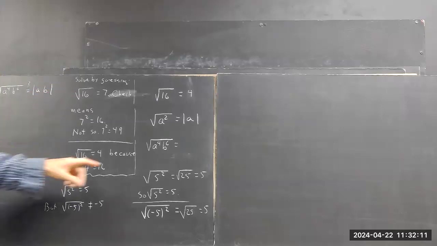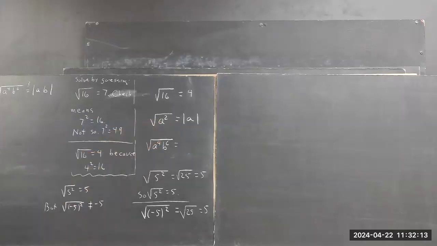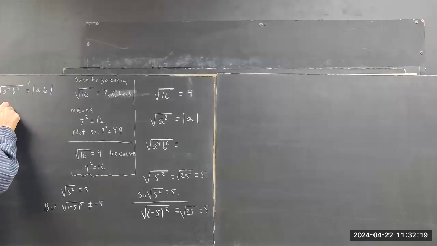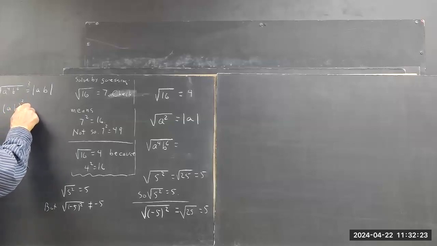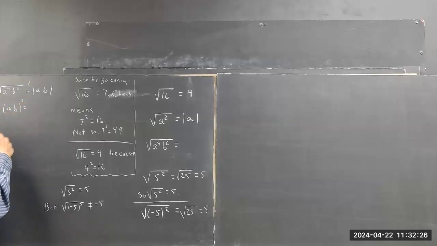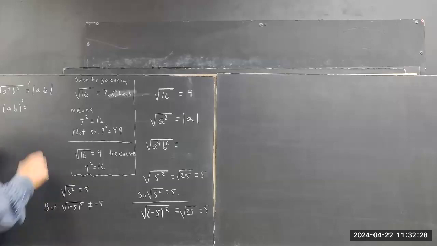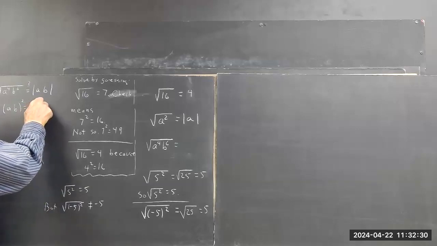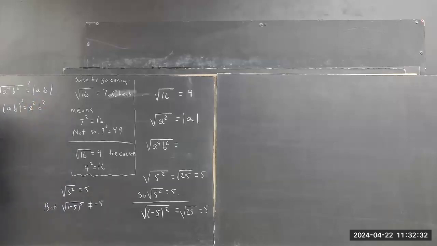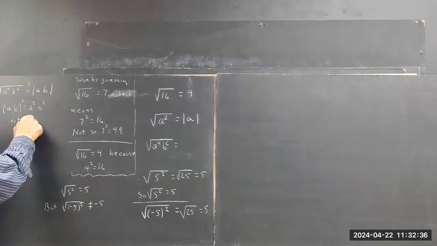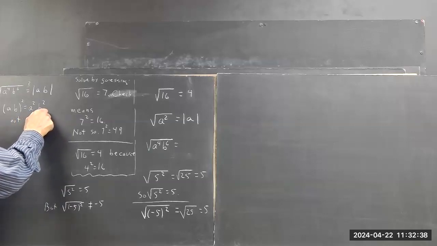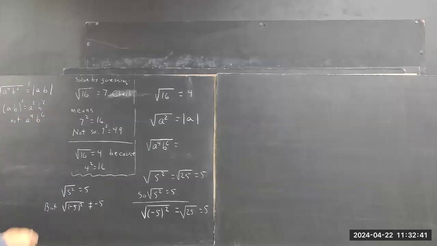Now that's good because you got the absolute value on it, right? But if you square AB, the quantity AB squared by the laws of exponents is equal to a squared b squared. And that's not a to the fourth, b to the sixth.